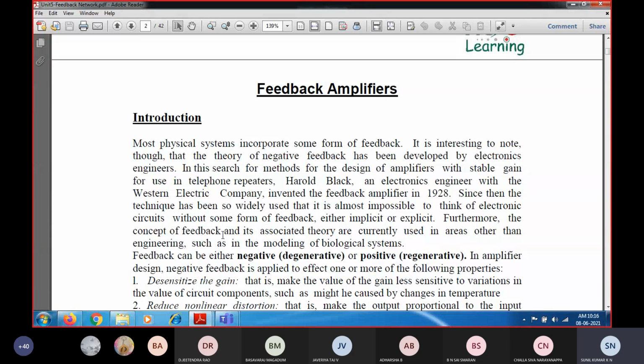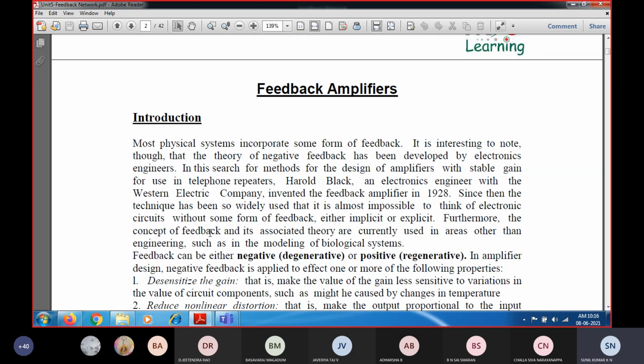After that, we are now moving to the feedback amplifier. In the previous oscillator circuit, we just considered a feedback element, and that feedback element can also be considered as an amplifier, because of which you get gain.